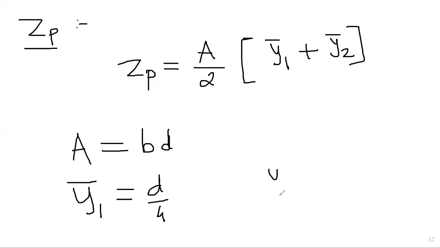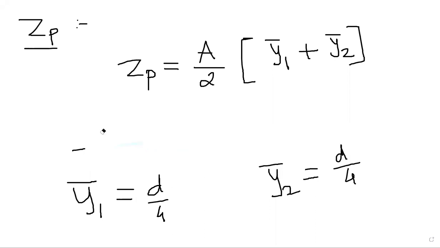Similarly Y2 bar is equal to D by 4. So area is B into D, Y1 bar D by 4, Y2 bar D by 4. So now I will put these values, Y1 bar, Y2 bar and area, in the above formula of ZP.